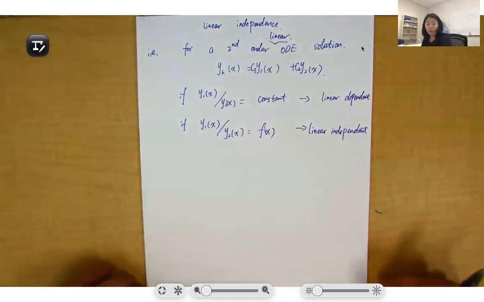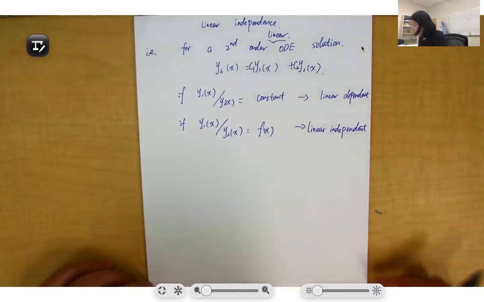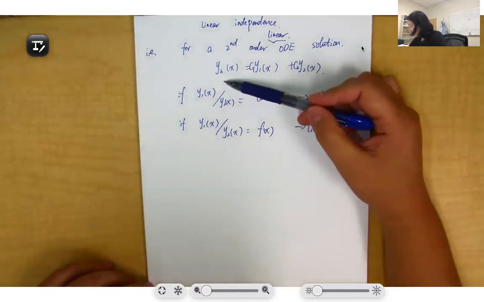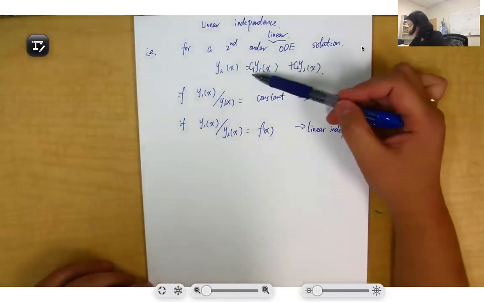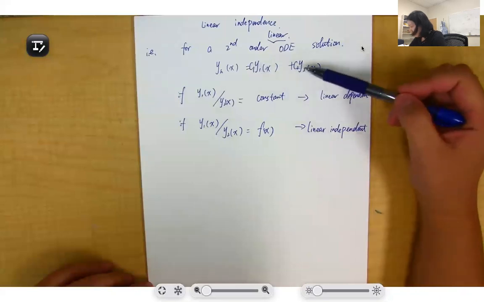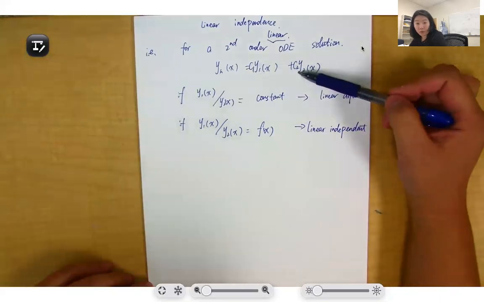Okay, and for the more general form, yH equals C1 y1 plus C2 y2, and this C1 and C2 are the arbitrary constants.